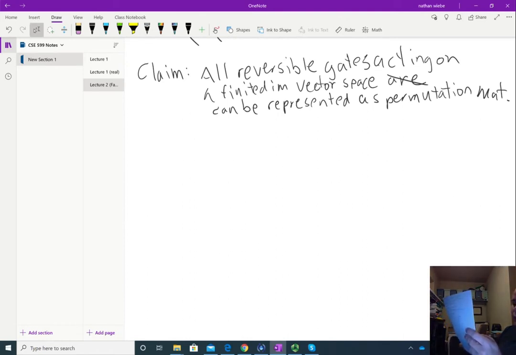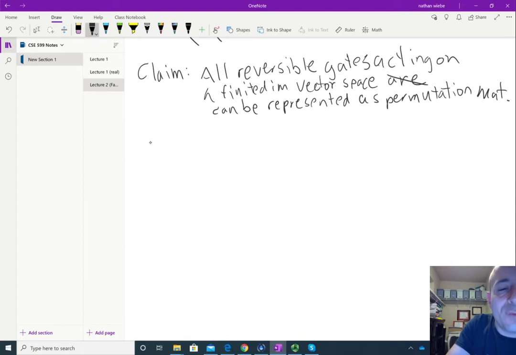And in order to get the formal argument, again, I just want to remind you of a couple of facts from linear algebra. The first fact is that any gate or any matrix in general can always be expressed in a computational basis as the following.